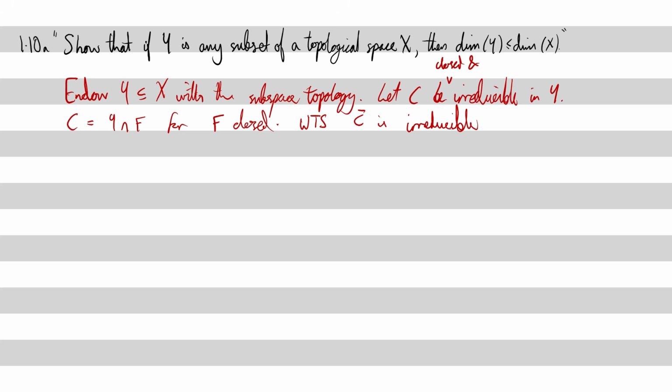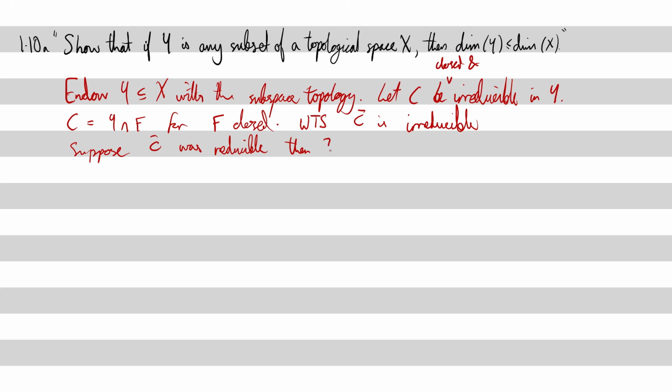Now, if Y was closed, then that would be easy. We would just say C is closed in X and therefore it's fine. However, that's not the case. So, suppose the closure of C was reducible.